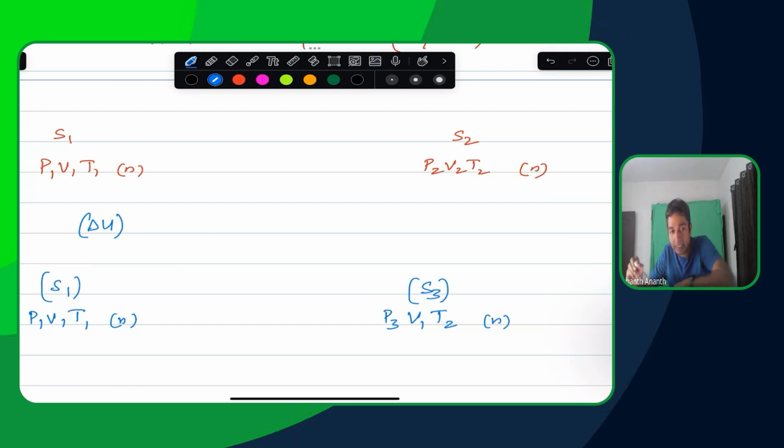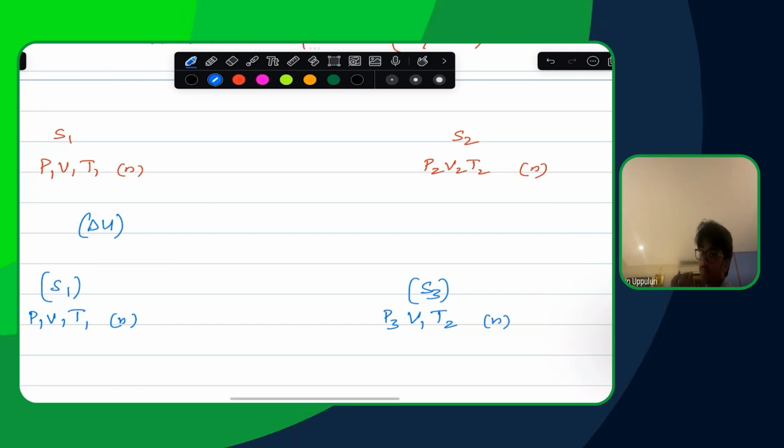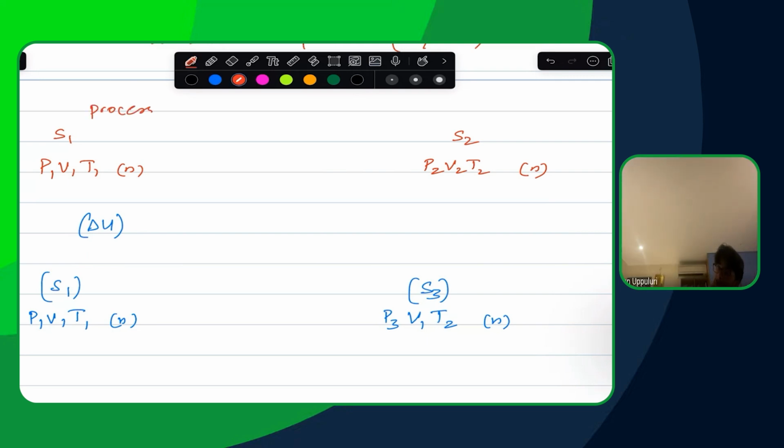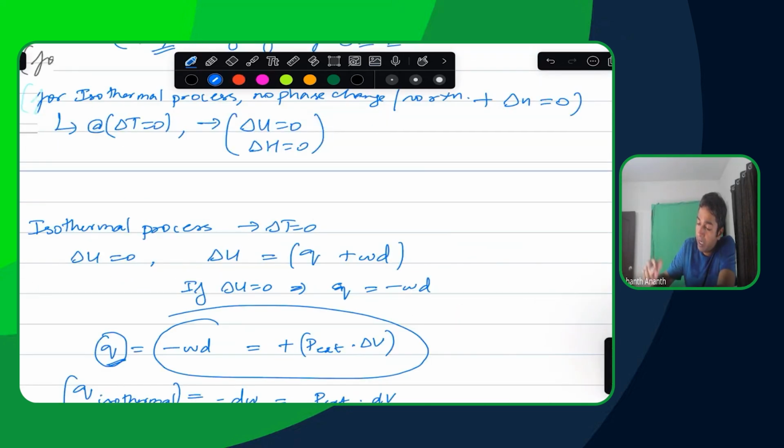Number of moles stays the same. Now, if I'm looking at delta U, let's call this process 1. Process 1 is the one in red. Process 2 is the one in blue.